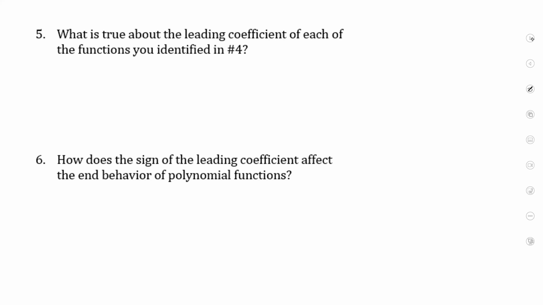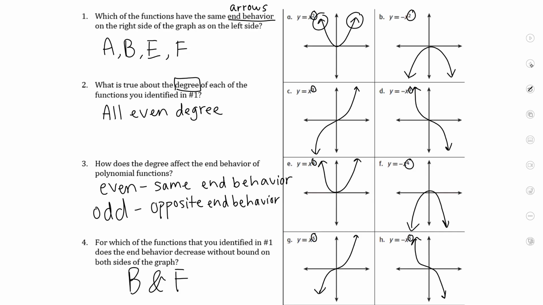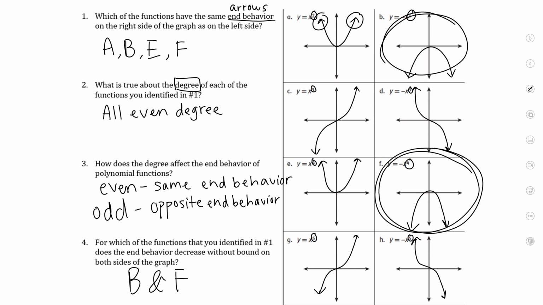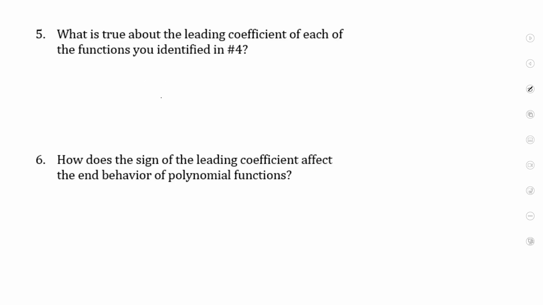So what is true about the leading coefficient? Yep, they were both negatives. So these ones that are facing down forever, this one right here, this one's facing down forever, and this one's facing down forever. They both have negatives in the front, okay? So they're both negative.